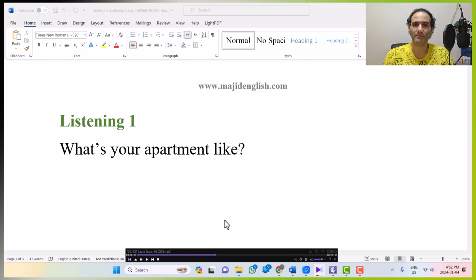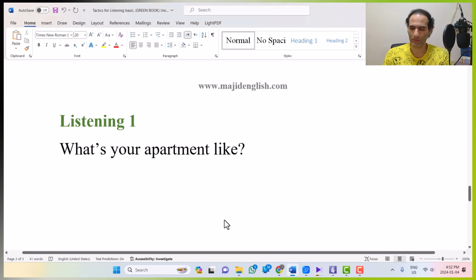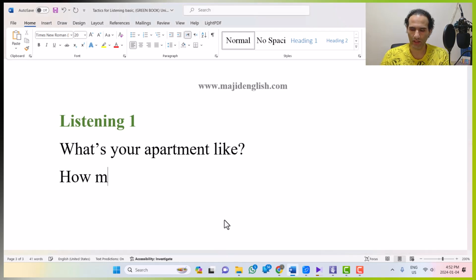I love it. How many rooms does it have? So questions with how many and how much. How many plus noun and then your question form, if it is with to be or if it is with do, does, or did.